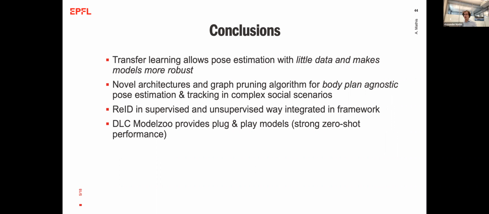Wait, why is there a different number of inputs? Because of the different number of body parts. At least from one of your earlier slides, for the outputs, you said each body part had a different frame output.